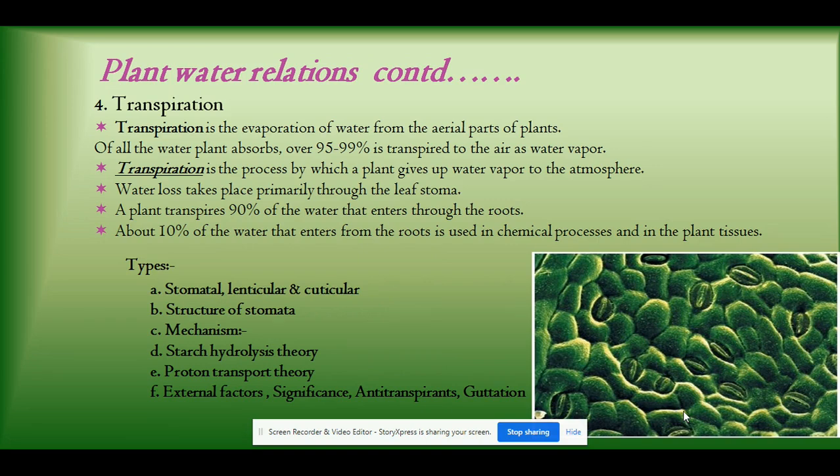In the next section, we will be discussing the process of transpiration, where all the efforts in absorption and transportation end up with the loss of water by transpiration, and the mechanism and means by which the plant controls this process.